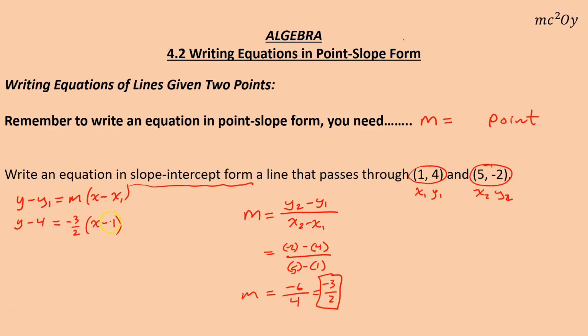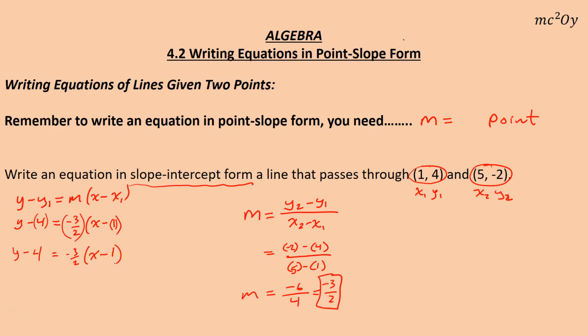Once again, notice you really should use parentheses to input. I didn't because it doesn't change the value in this one, and it makes it look really cumbersome with all these extra parentheses. But we get y minus 4 equals -3/2 times (x minus 1).